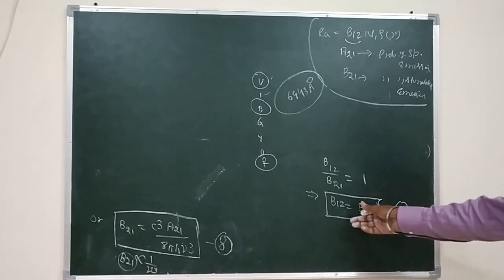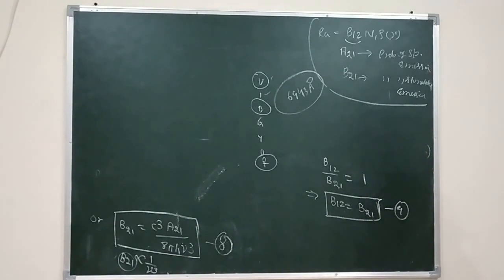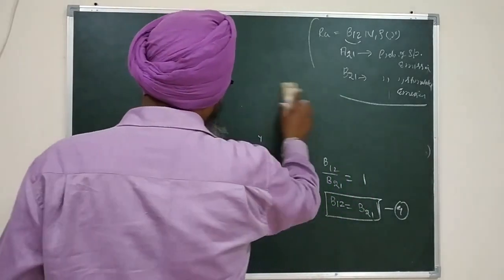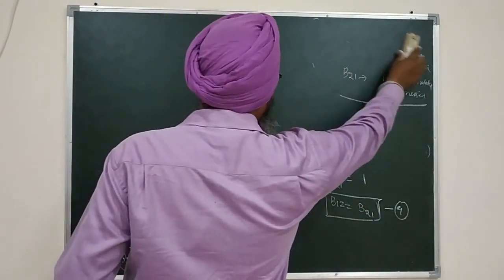This is nothing but the mathematical representation of Kirchhoff's law of optics, which we have already studied in our lower classes. In Kirchhoff's law of optics, we say that a material at a given temperature will emit only those wavelengths which it has absorbed at the same temperature. Now I will move ahead and derive further conditions for stimulated emission.